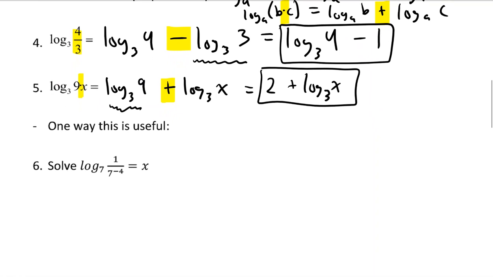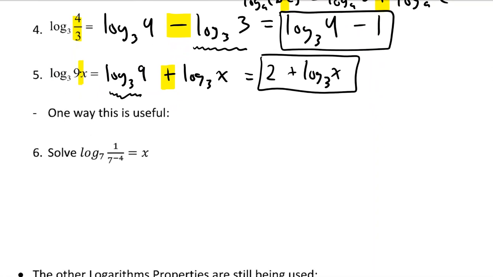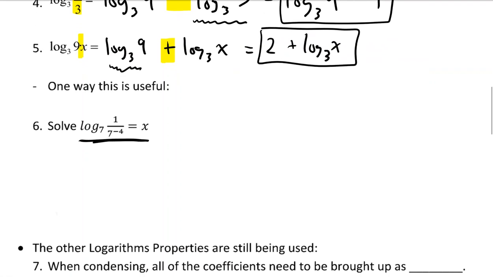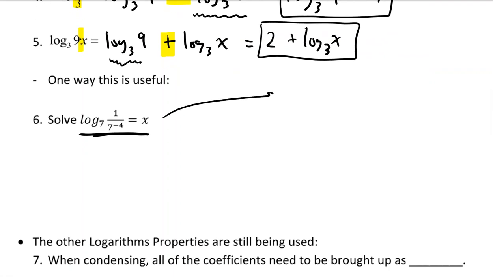Okay, and then an example of how this would be useful to you, and you can use this one in the book assignment that we'll get to here in about 10 minutes. But I did have you work some questions that look similar to this before the break, and you're still welcome to do that, by the way. You had to think of this as exponent rules.